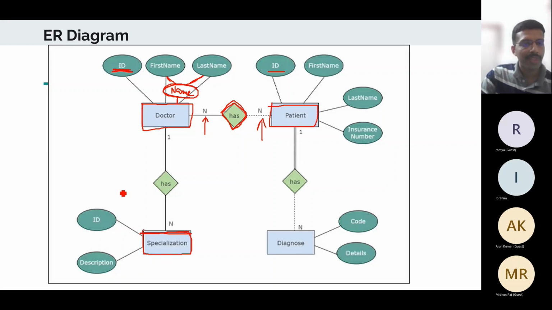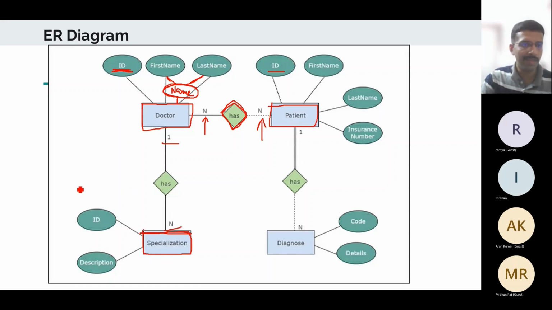So each specialization will have only one doctor at the other end. Similar to a degree, one MD degree cannot be shared by two doctors, whereas 10, 100, 1000, lakhs of doctors can have the MD degree. So that way, the doctor side cardinality is 1 and the specialization side cardinality is n.